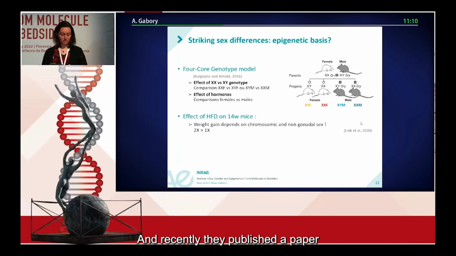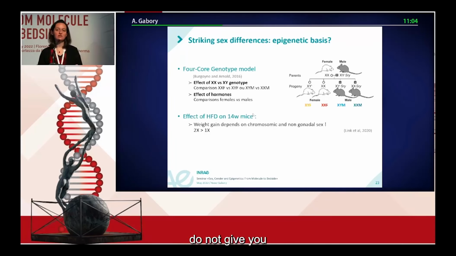And recently they published a paper showing that giving a high-fat diet to 14-week-old mice does not give you the same results depending on the sex chromosome, on the chromosomal sex, sorry.